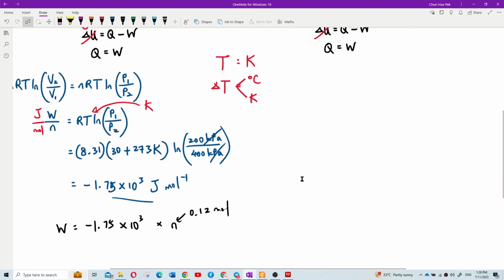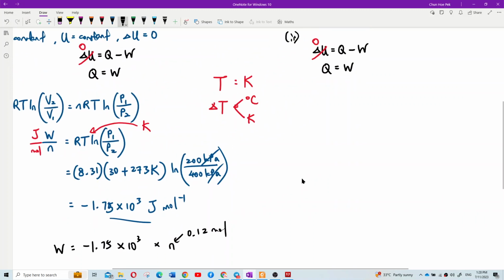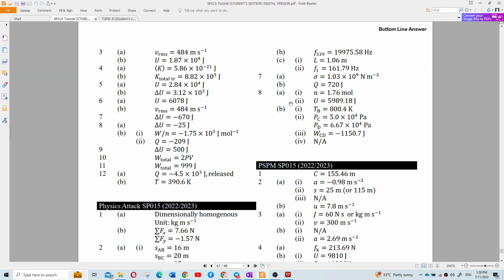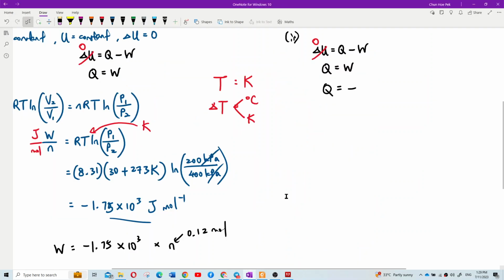Multiply, finally you get the heat. Also negative. Just check the answer. I got negative 209 joule.